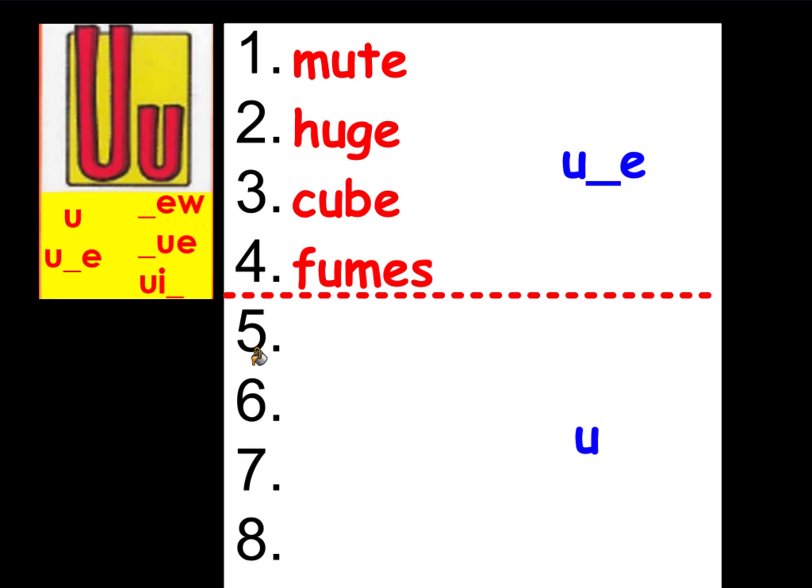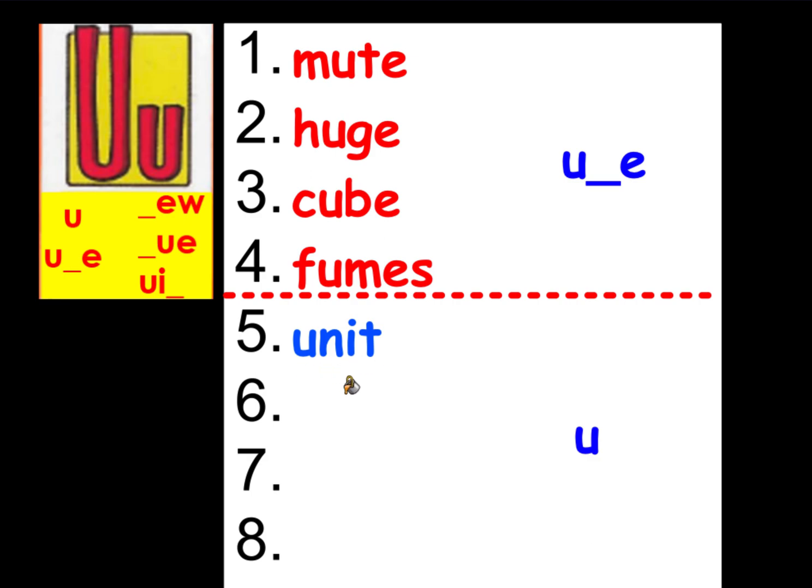Number 5, unit. The unit that we are studying in language arts is all about plants. Unit. So it says U because the I is talking to it.